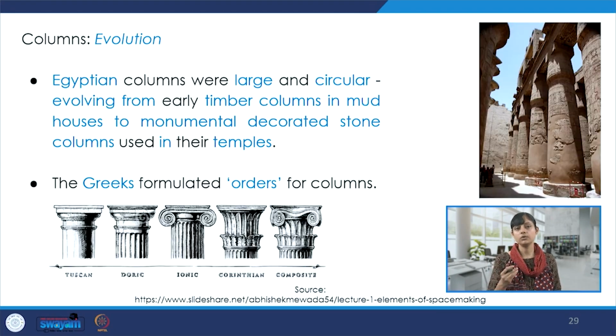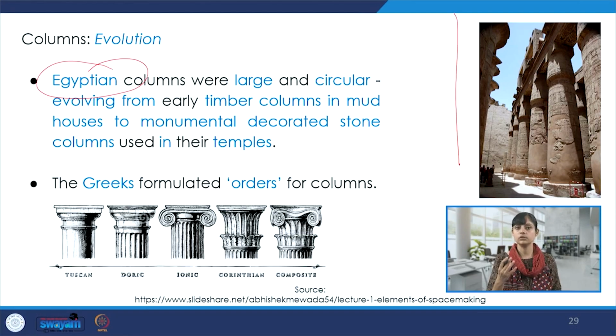If we talk a bit about the evolution of columns, the Egyptian columns were large and circular. And if we see the evolution from the early timber columns in the mud houses to monumental decorated stone columns which are used in the temples, there is of course a sort of an evolution that we map over there.